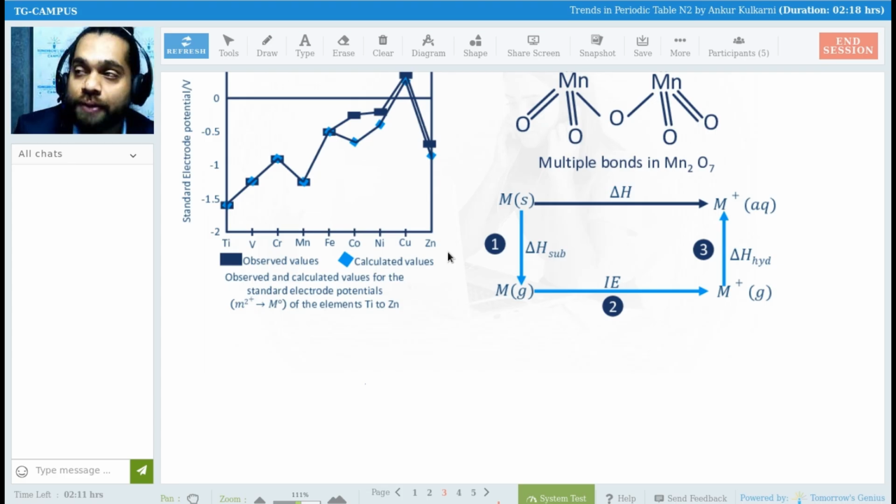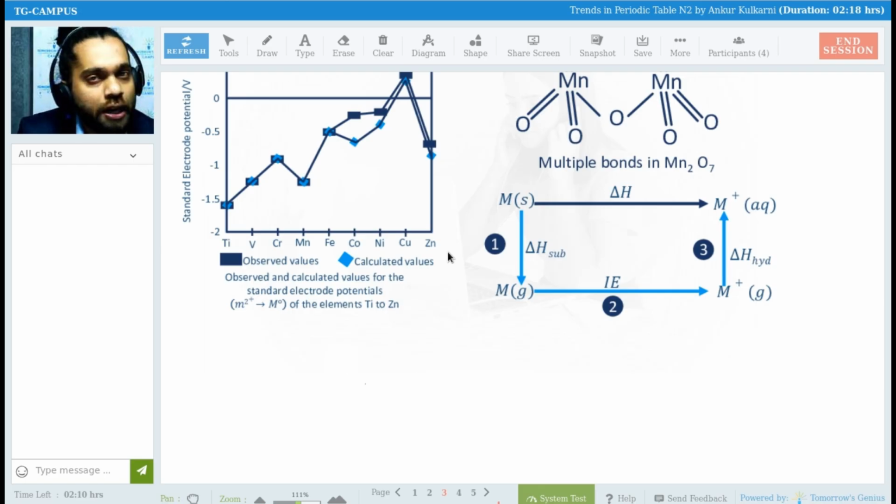Do not say anode and cathode. It was zinc and copper.